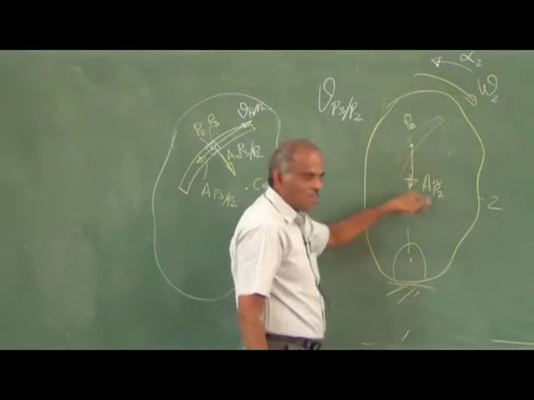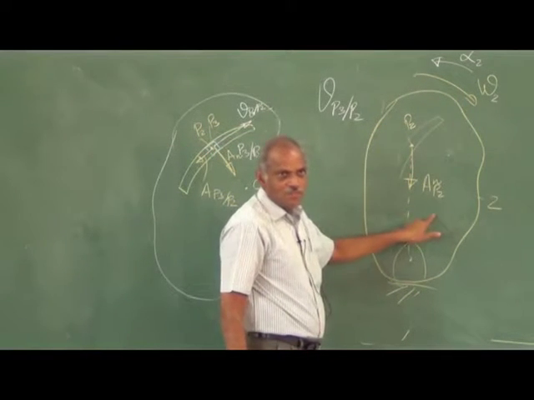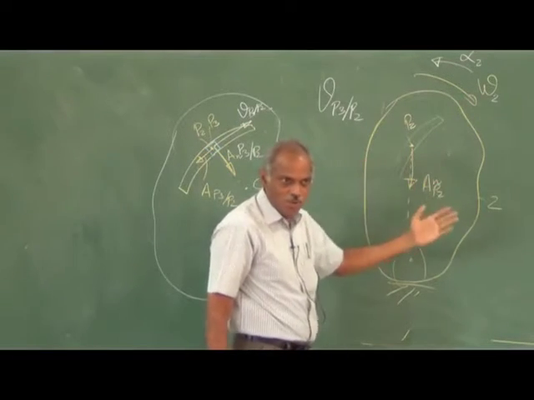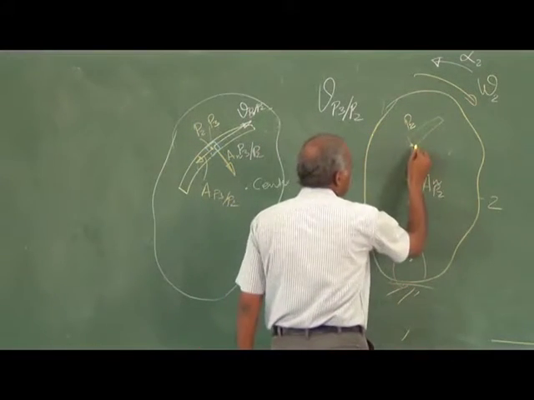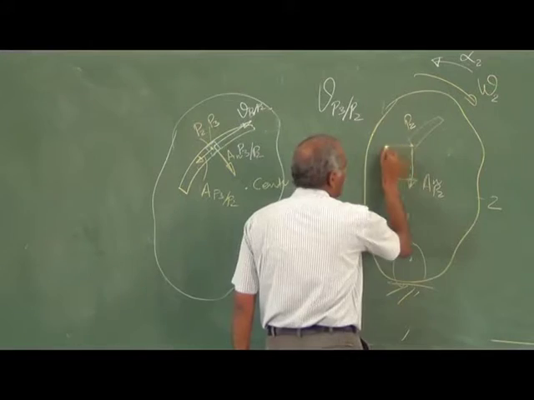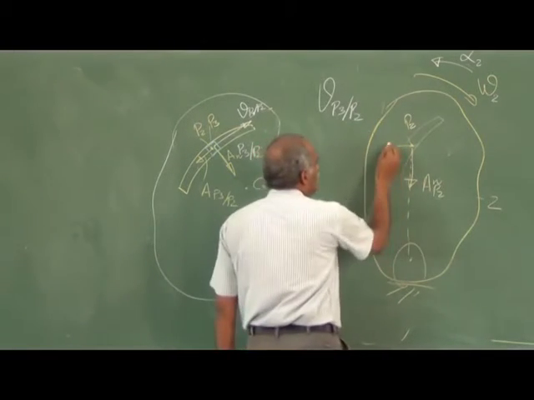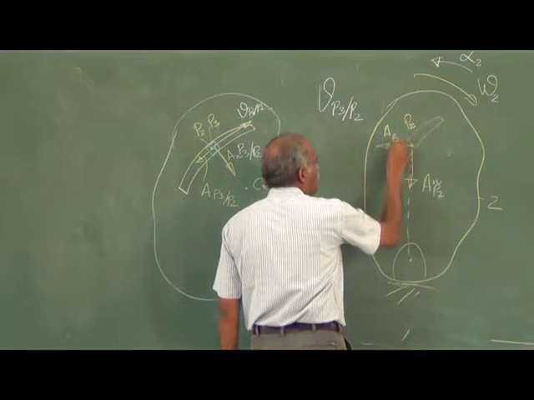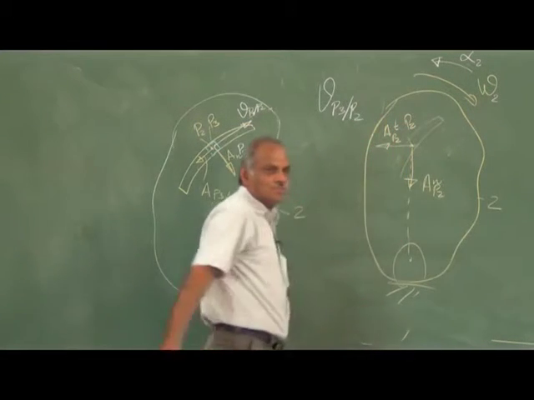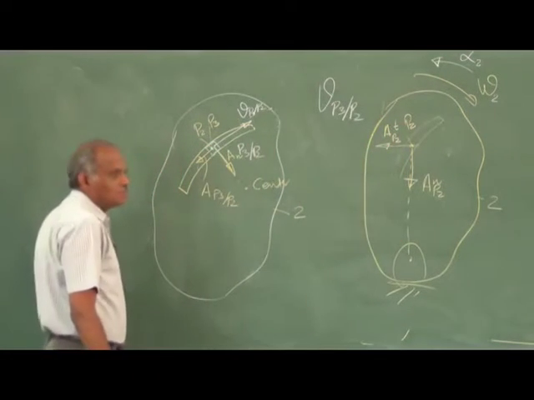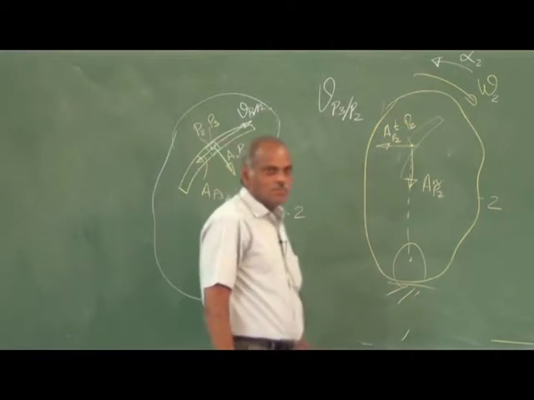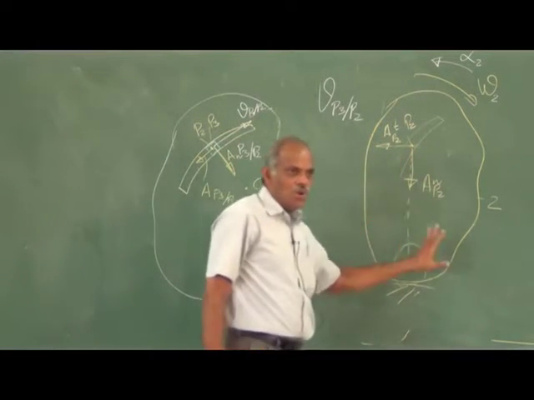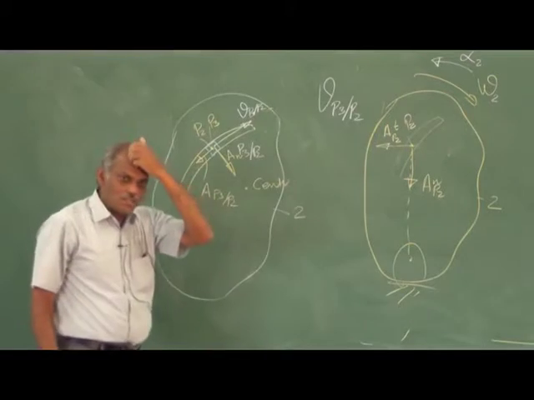It will anyway experience a normal component, but there will be a tangential component now coming in. The tangential component will be perpendicular to this, and this component will be the acceleration of P2 tangential. So the acceleration of P2 alone is taken in this case.